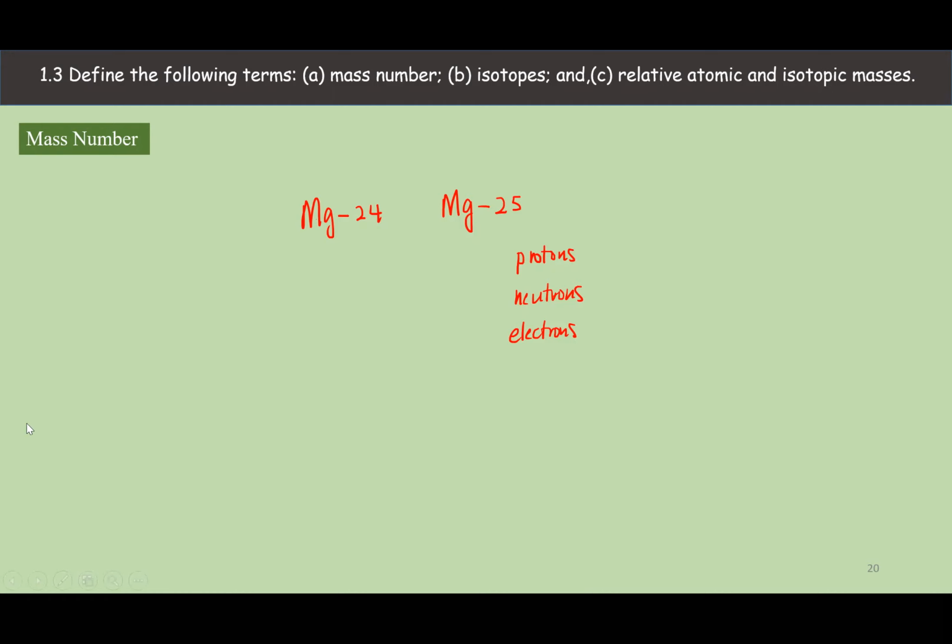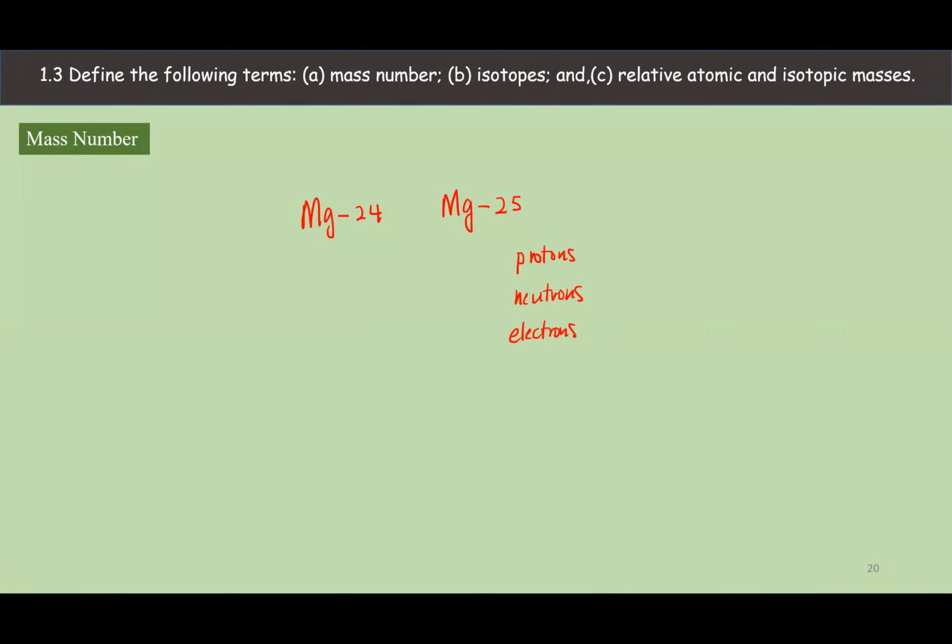Okay, right? Lamar? Amy, what do you think? Different number of neutrons. Absolutely, that is correct. Kiana is also saying, Devin is saying, Jamal, everybody is saying they have a different number of neutrons.